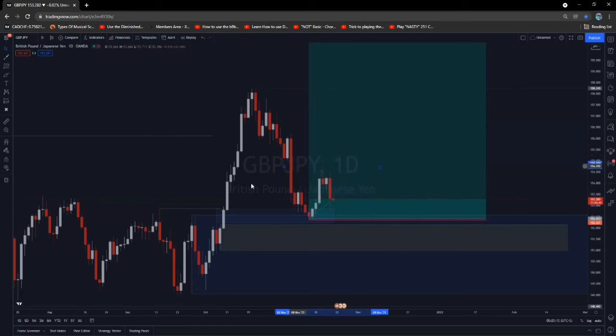right? And so one of two things can happen. Either the market can continue going down, breaking previous structure, and if it does, I'm going to be selling, right? Until we get to this point over here.